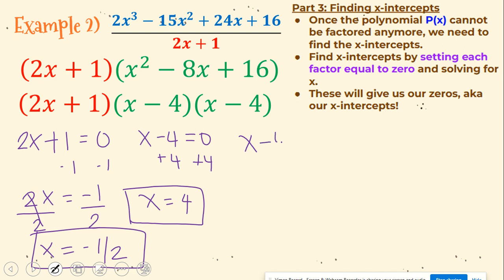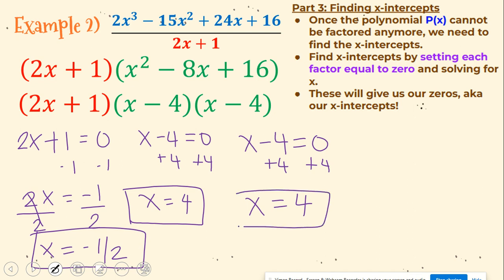I'm going to set my other factor equal to 0. I need to set each and every single one equal to 0, even if they're the same. The reason I want to do this is because I will put that together when I go to graph, meaning I've got some multiplicities going on here at x equals 4. I have 2 of the exact same intercepts.